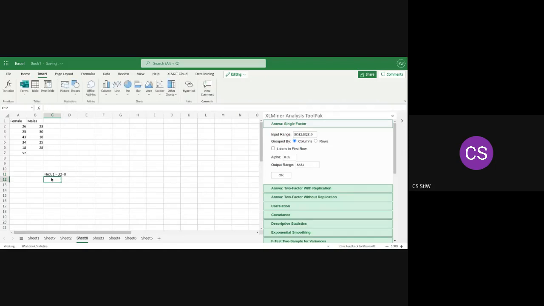And the alternative hypothesis is that mu1 minus mu2 is not equal to 0. Now, how am I going to write that?